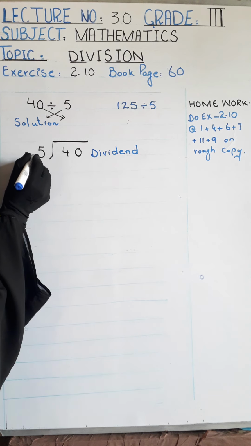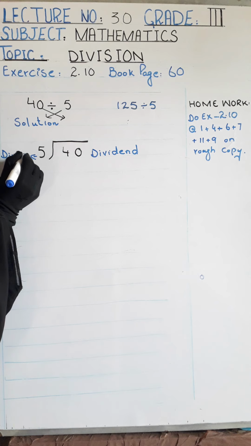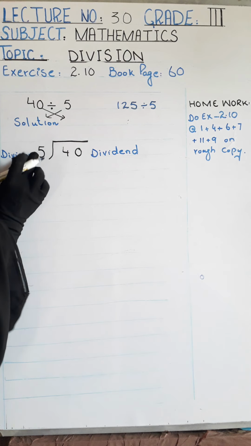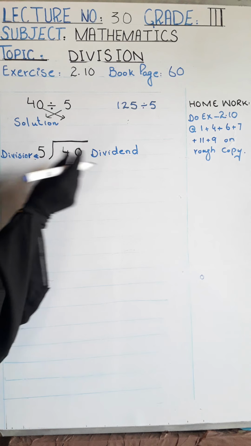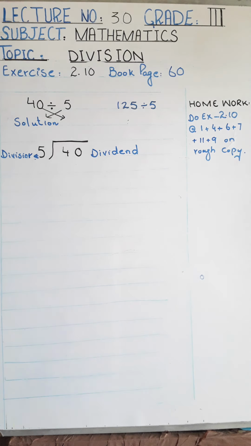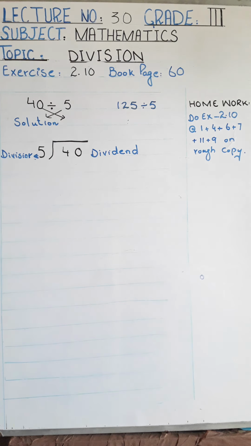And the number which we write outside this stage is the divisor. Simply, long division is switch off, means it changes its position. We write the greater number inside and the smaller number outside.